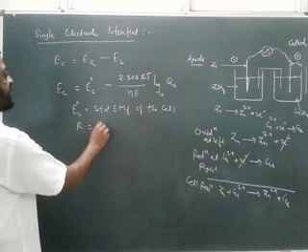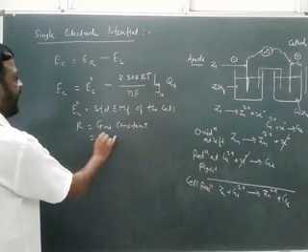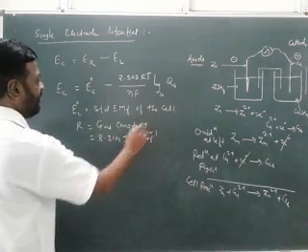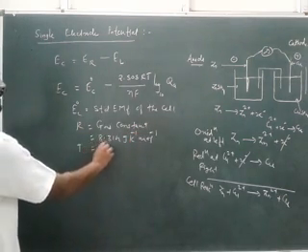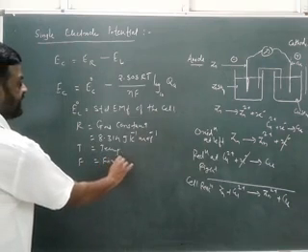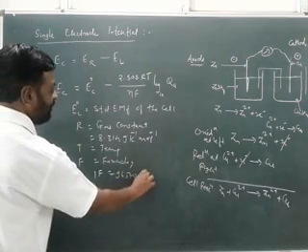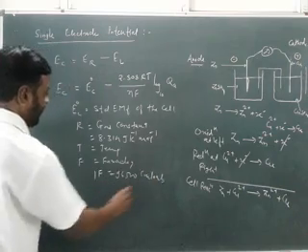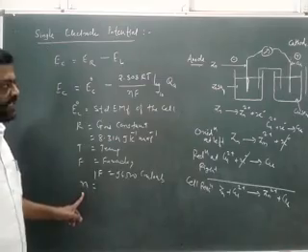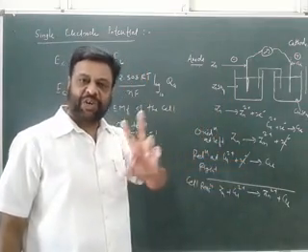R is the gas constant, equal to 8.314 joule per Kelvin per mole. T is the temperature. F is the Faraday, that is, 1 Faraday is equal to 96500 Coulomb. n is the number of electrons involved in the chemical reaction. In the Daniell cell, the number of electrons involved is equal to 2.